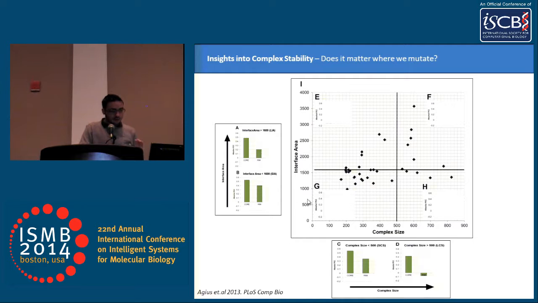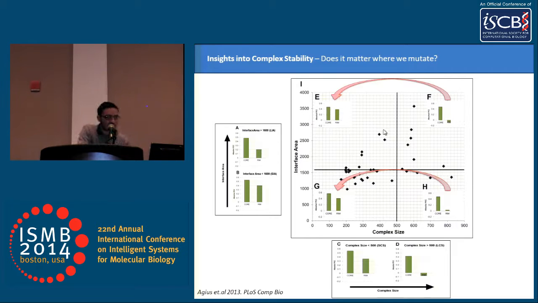Looking here, just fixing for small interface areas, and then varying complex size, we find that for large complex sizes moving to small complex sizes, rim regions show the same thing. They become more primary. And similarly, if we fix for large interface areas, again, when we move from large complex sizes to small complex sizes, we see a greater role in the rim regions.